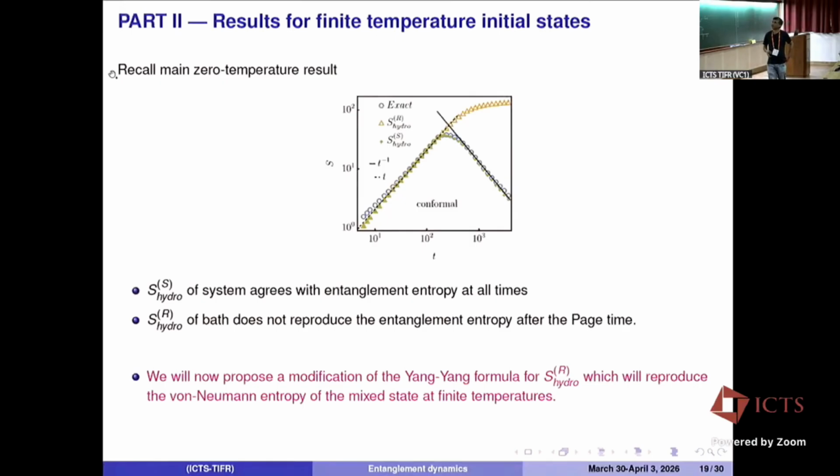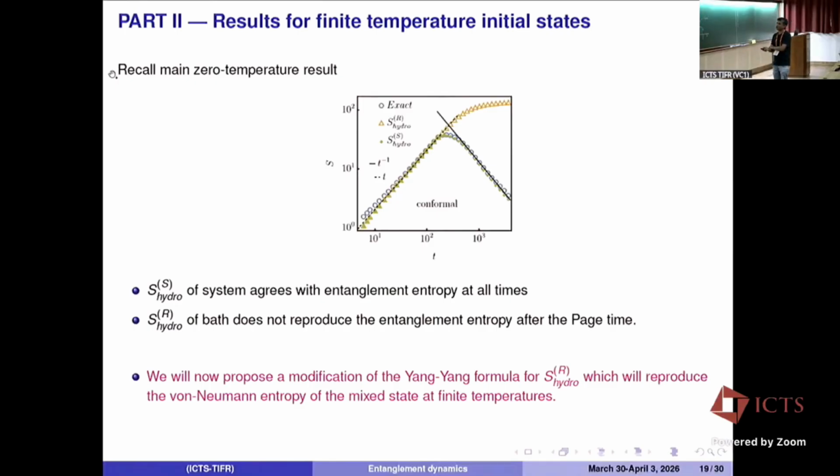Okay, now I'll go to the second part, which is results for finite temperature initial states. This is ongoing work. One of the main things was that if I look at the system hydrodynamic entropy, it agrees with the entanglement entropy at all times. But if I look at the bath entropy from hydrodynamics, that deviates after the page time.